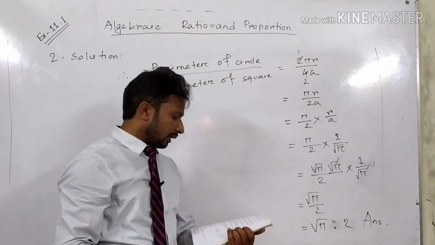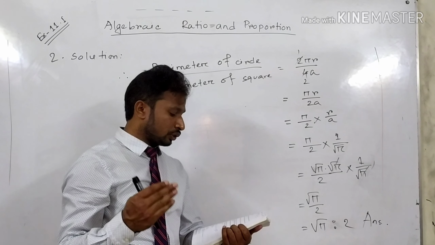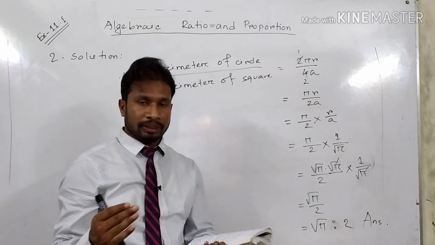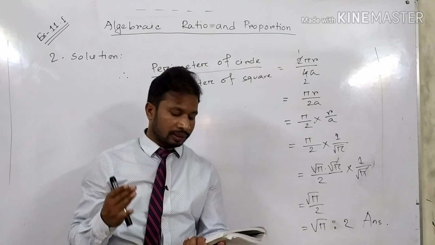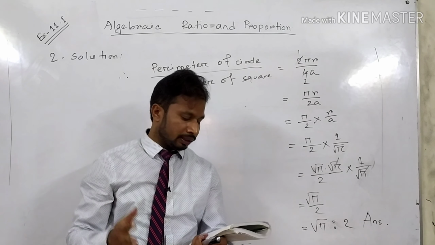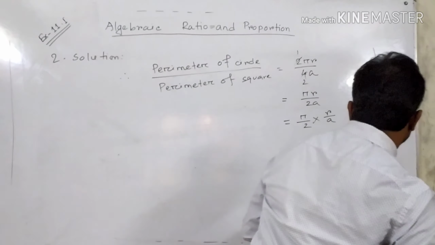So question number 3, see, if the ratio of two numbers is 3:4 and their LCM is 180, find out the two numbers. Here you will write, let the numbers are 3x and 4x.